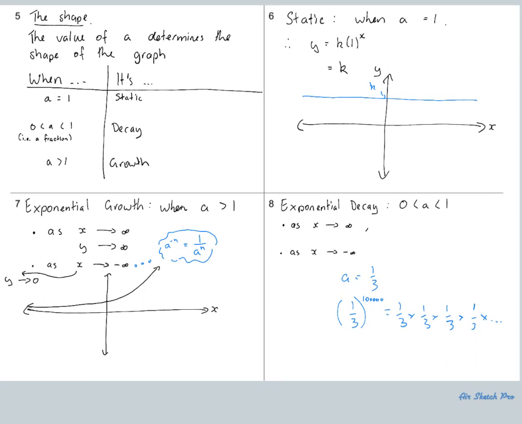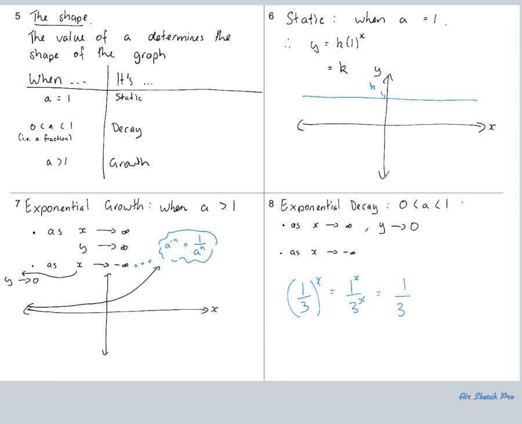Okay, so we've got this sort of thing happening. As x approaches infinity, y approaches 0. It also uses this rule as well, which I'll need in a second: if I have 1 over 3 to the power of x, that's the same as 1 over 3 to the power of x.